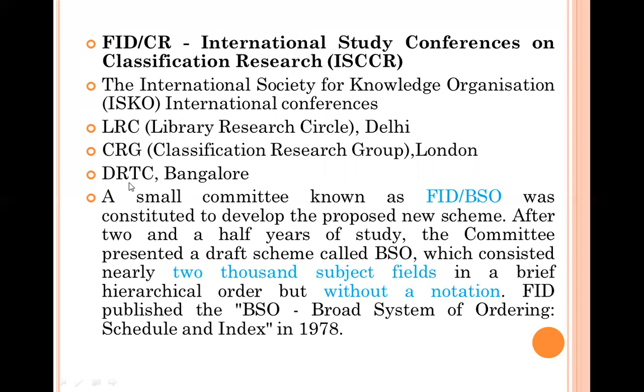And in fact, in 1978, FID organized a committee called BSO. BSO was given the responsibility of developing a new classification scheme that may be more suitable for web environments. The committee, after working for 2.5 years, prepared a draft scheme called BSO, Broad System of Ordering, wherein they listed 2,000 subjects, but notations were not given.